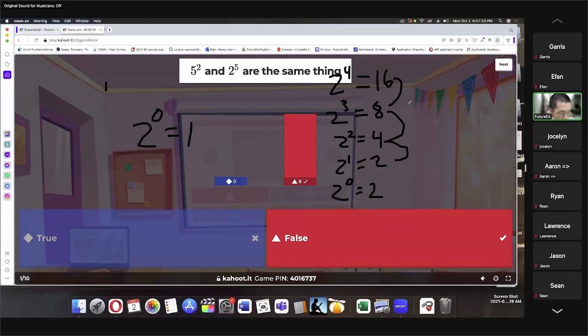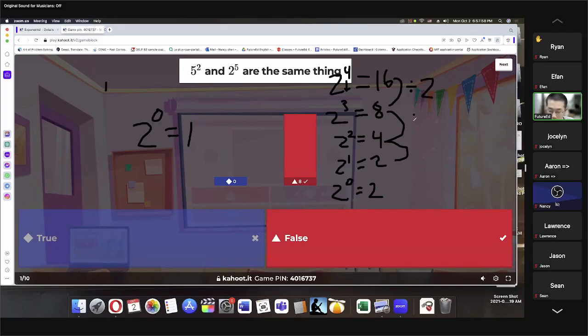Yes, Ryan? Just try and spot the pattern. The pattern is that when the exponents go down by 1, the number gets divided by 2. Exactly. So the exponents go down by 1, and these always get divided by 2.